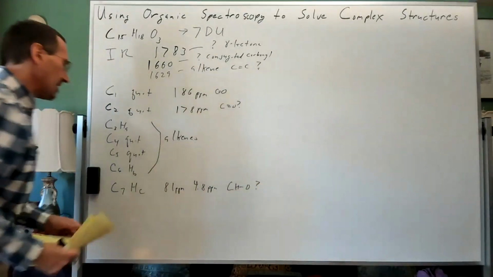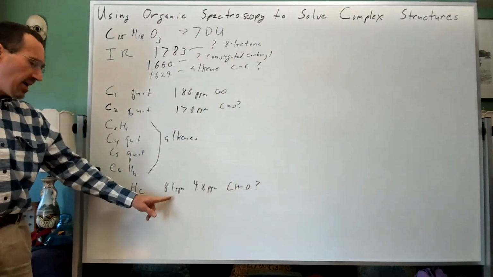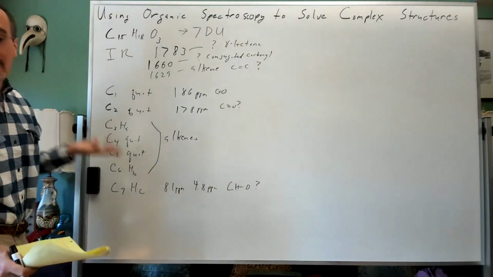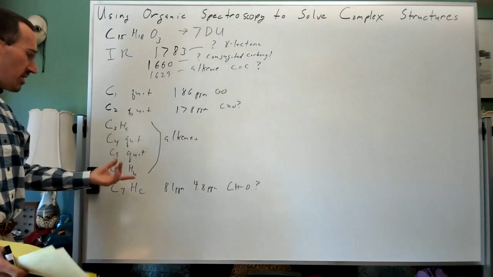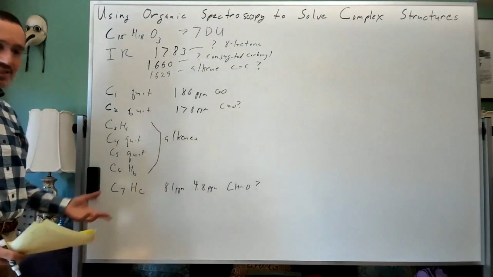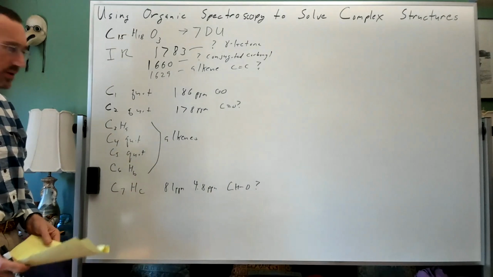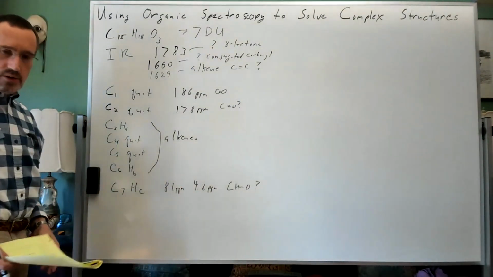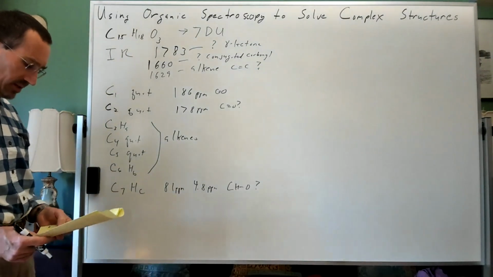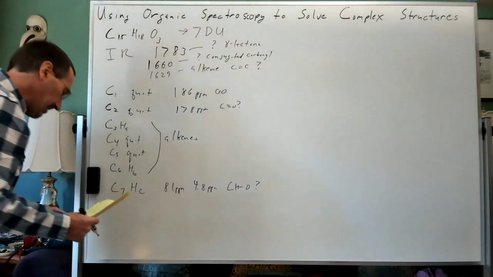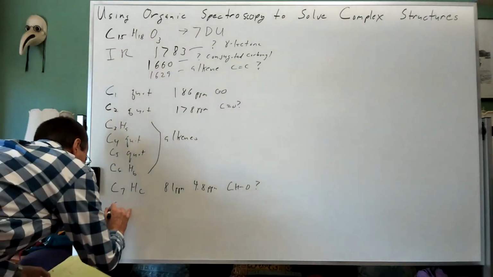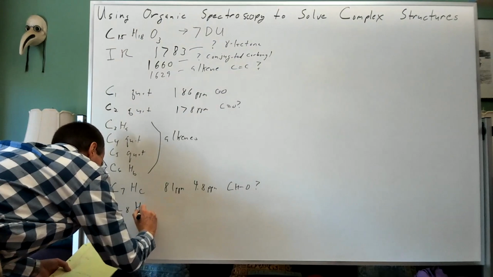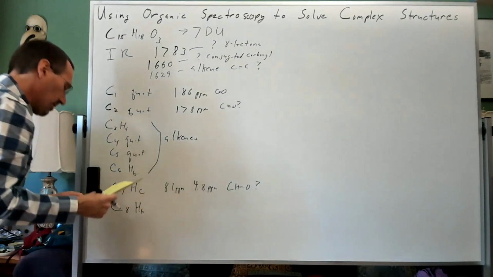So I'll annotate that, because we don't get down to 81 parts per million easily. Even a nitrogen isn't going to bring you down there, and we don't have a nitrogen. It's not an alkene. And 4.8 is really interesting. Again, we don't get down to 4.8 parts per million easily. Let's see, C8, H comes on to our scorecard.